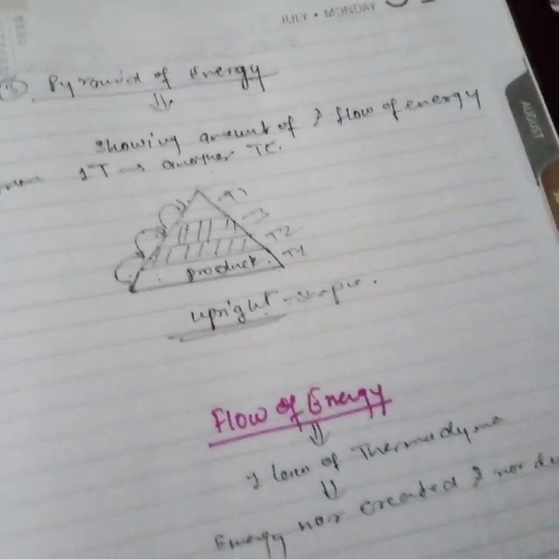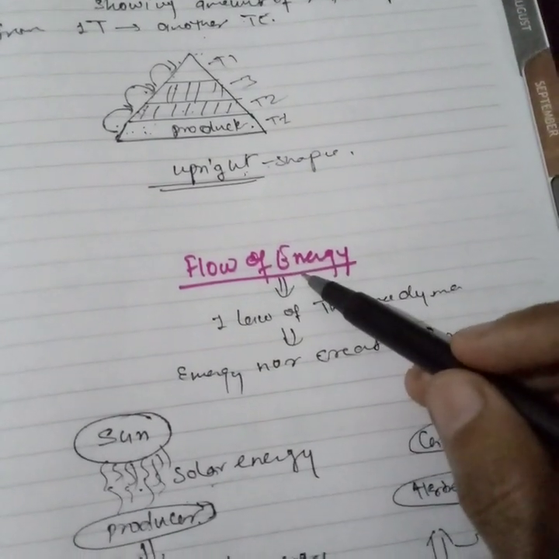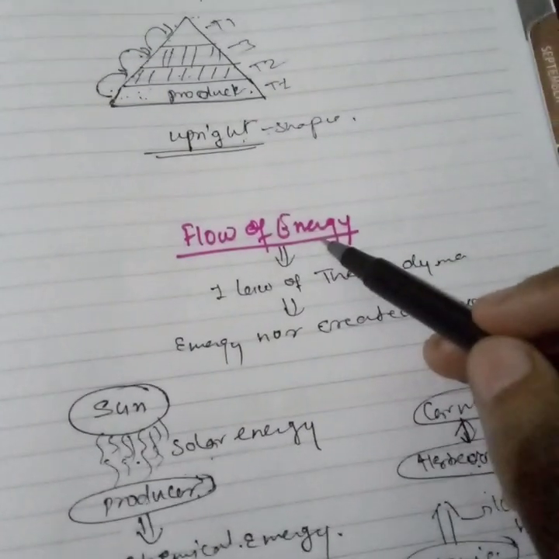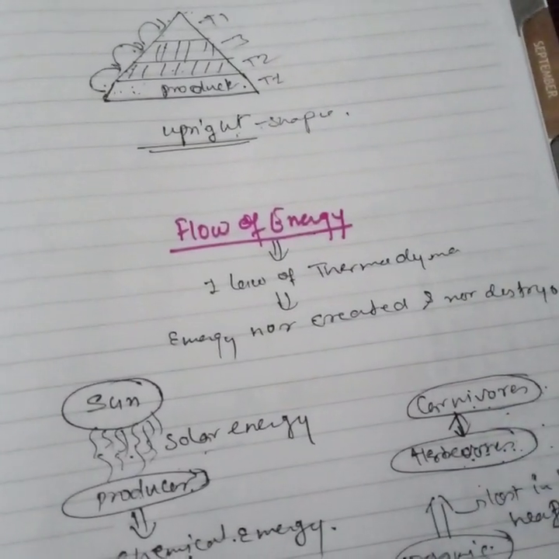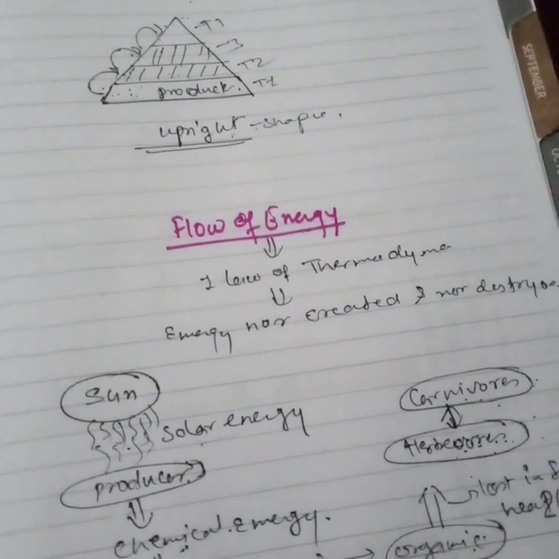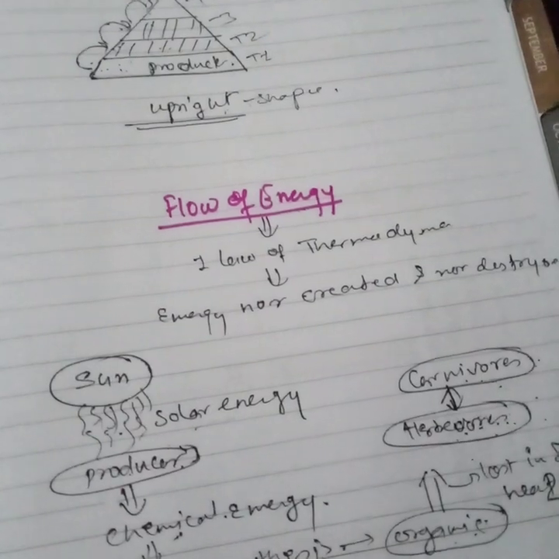Now let's talk about the flow of energy. Flow of energy means when energy flows from the producers to the herbivores to the carnivores in an ecosystem or in a food chain.